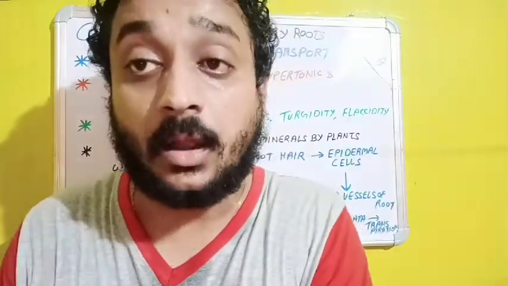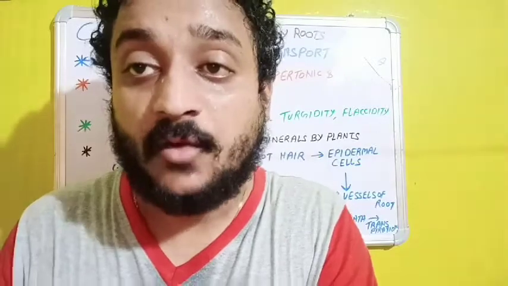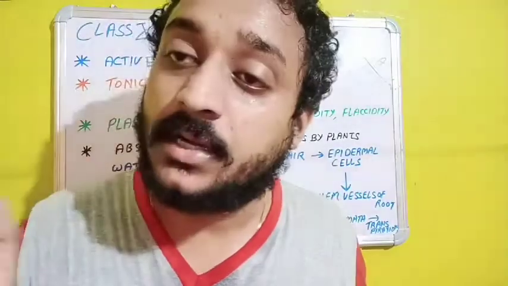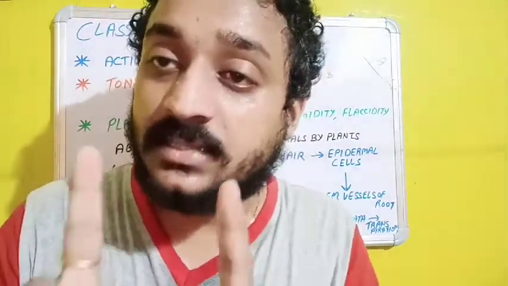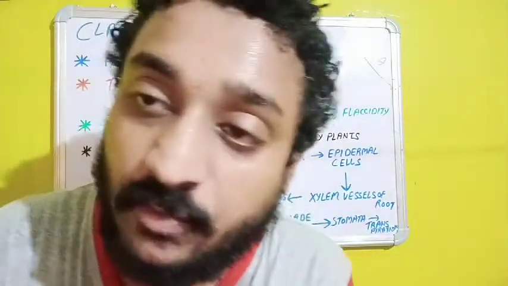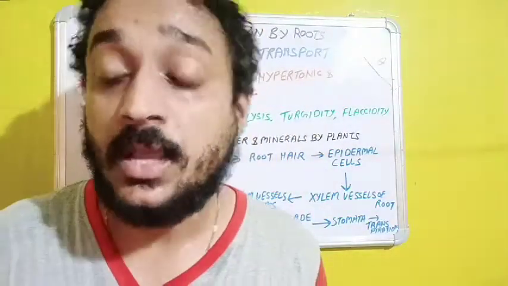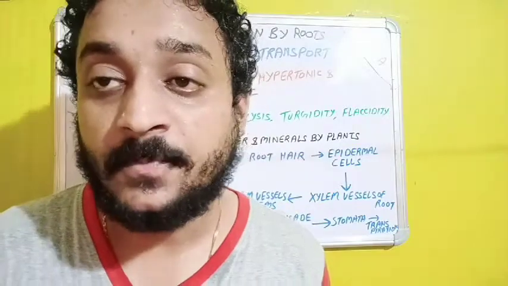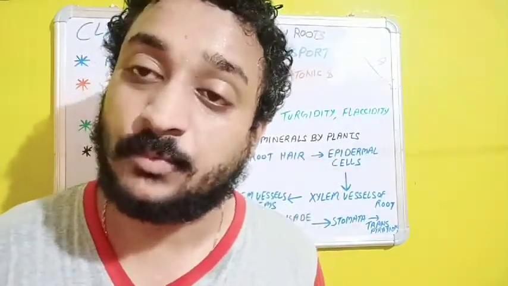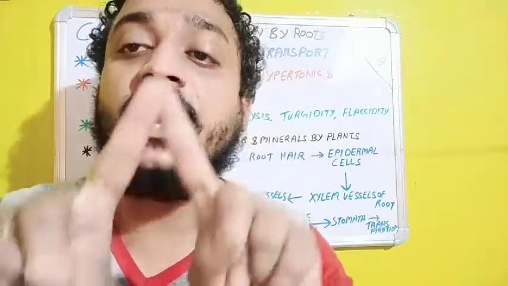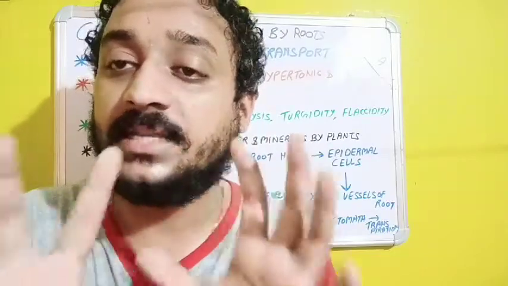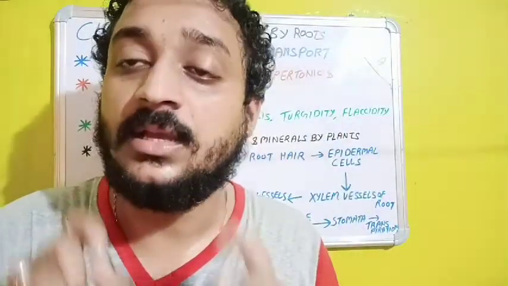Solvent molecules from that hypotonic solution will start to enter the cell slowly. The cell which had been plasmolysed will become deplasmolysed, because there will be a severe entry of water molecules inside the cell. The whole cell will be deplasmolysed, meaning the protoplasm will again start to share its inner boundary with the cell membrane. It will again become distended and share its boundary with the cell membrane.